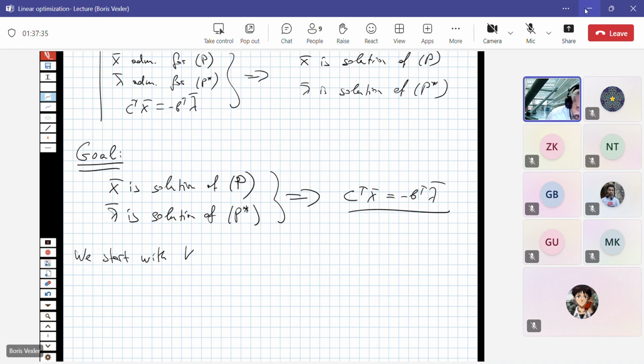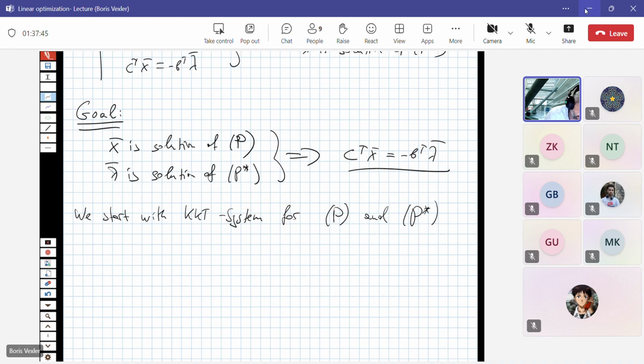We start with the KKT system for P and P star. Okay, how do they look? We have a problem P. It was minimize c transposed x subject to Ax less or equal than b.